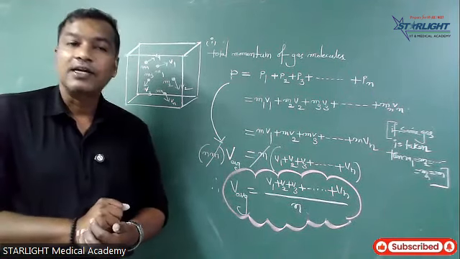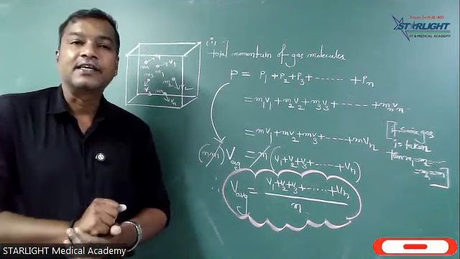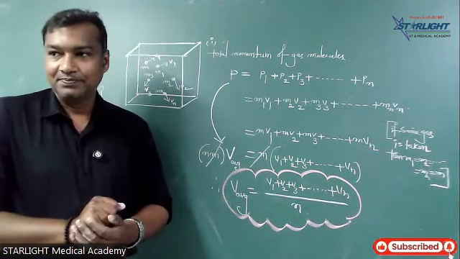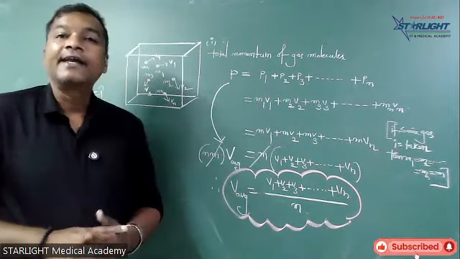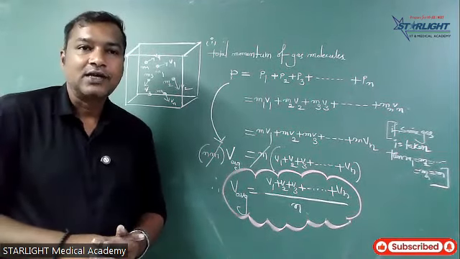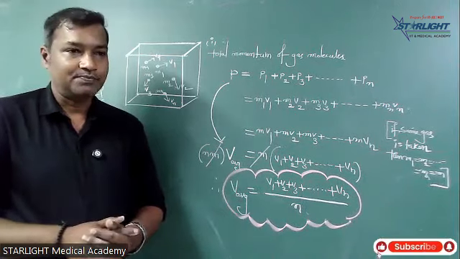Adding the kinetic energies of all gas molecules. So momentum refers to average velocity, kinetic energy refers to RMS velocity of gas molecules.